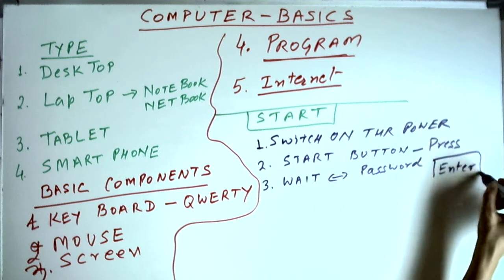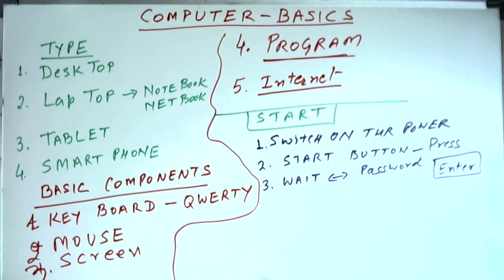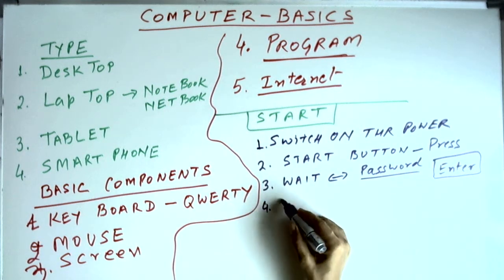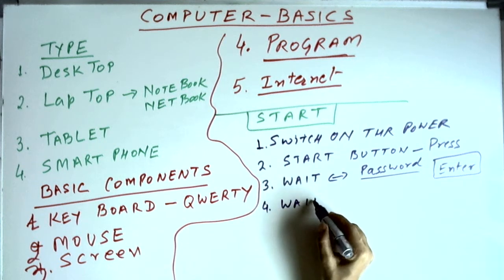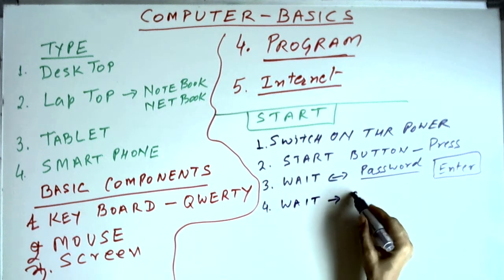There is a big key on the keyboard on which the word enter is written, and you need to press that key after you have provided your password, and then wait for some more time.